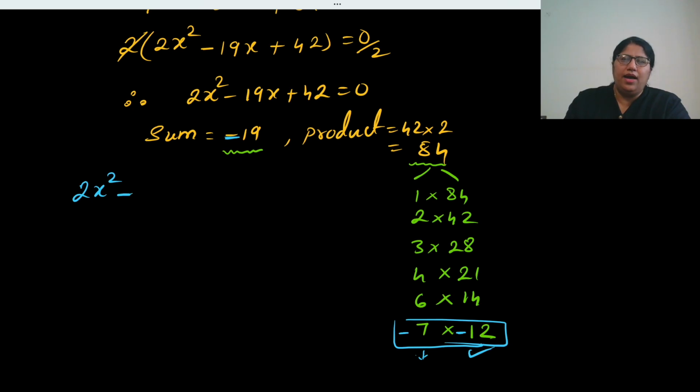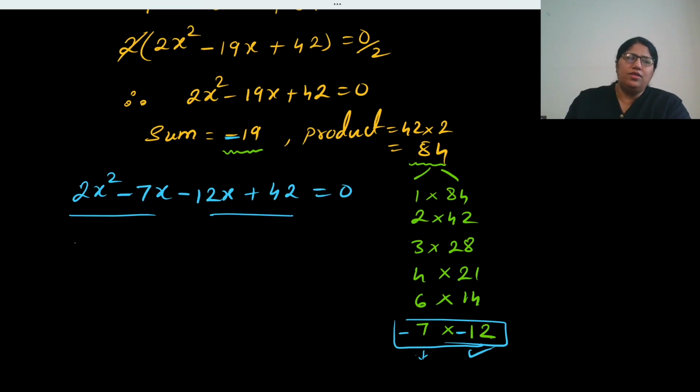So how are you going to do it here? Splitting the middle term, I can do minus 7x minus 12x, and you can cross check. This is becoming minus 19x, then plus 42 is equal to 0. Now do the grouping part. What is common? x is common, 2x minus 7, and here you can take 2 common.